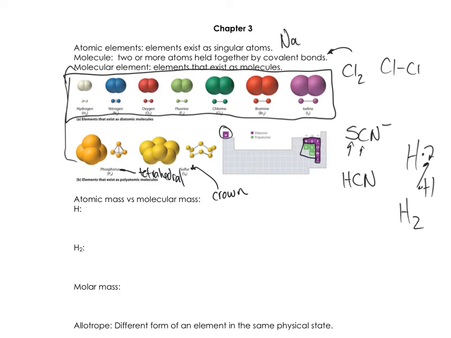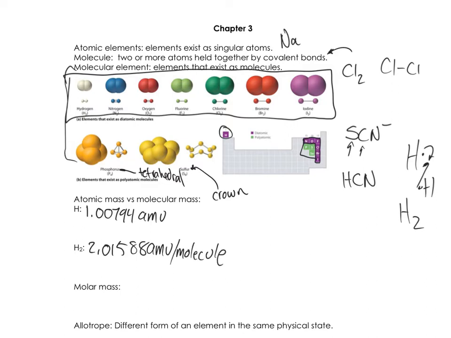The atomic mass of hydrogen is 1.00794 AMU. The molecular mass of hydrogen is 2.01588 AMU. This would be AMU per molecule.